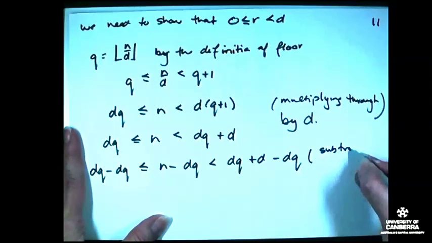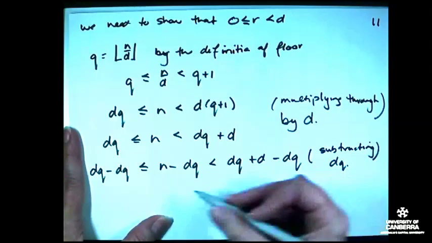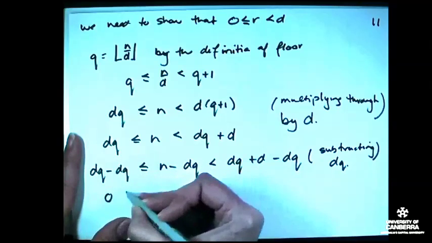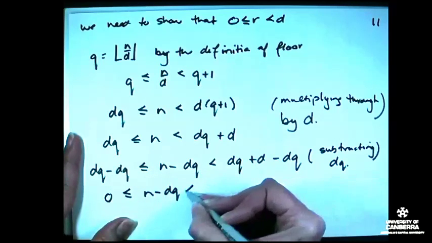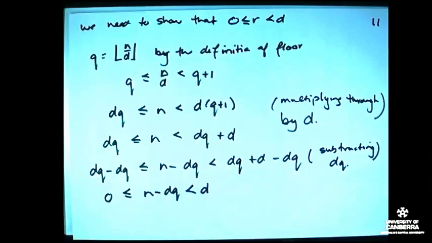Subtracting dq. Alright, so dq minus dq is 0, is less than or equal to n minus dq, is less than d. We say, what is n minus dq? That is n minus d times q, which is the floor of n over d.